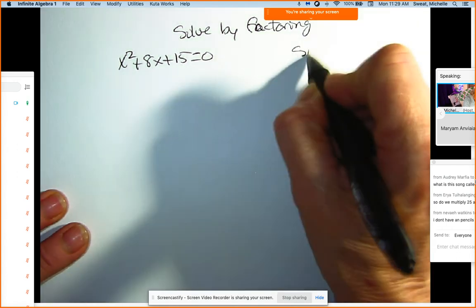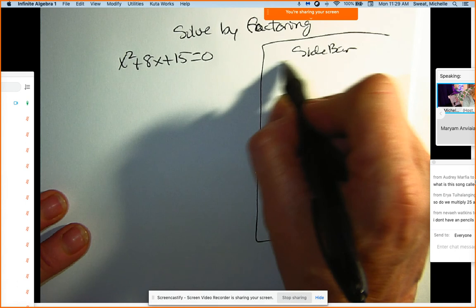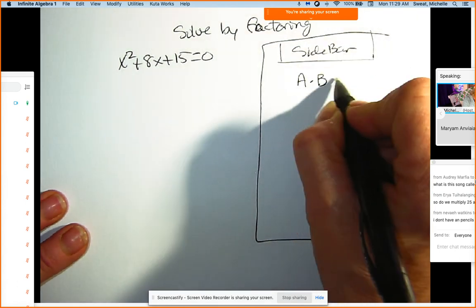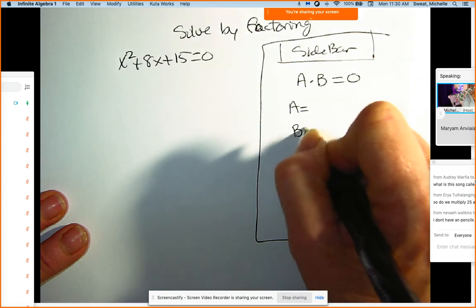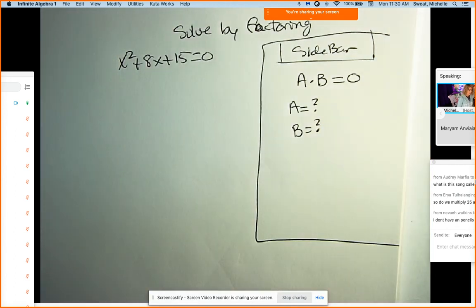Okay, I'm going to do my little sidebar real quickly. I want you all to think about this. I want to give you about 30 seconds to think about this. If I tell you a times b is equal to 0, what can you tell me about a and what can you tell me about b? Give me about 30 seconds of think time. Then I'm going to ask someone to chime in.